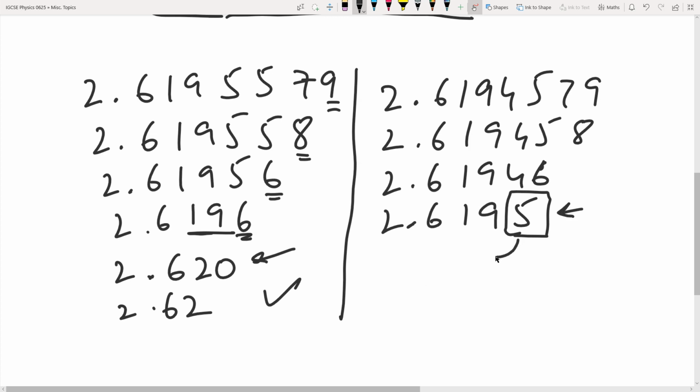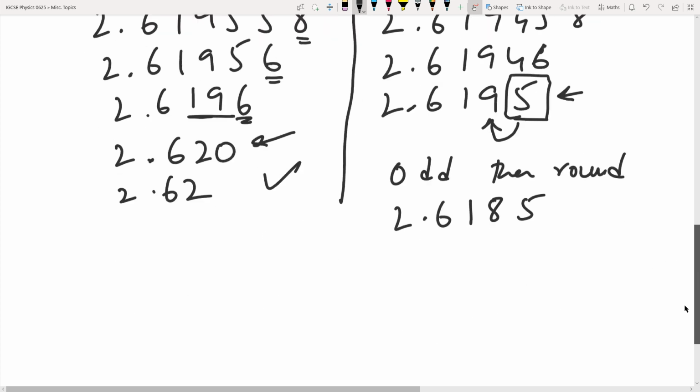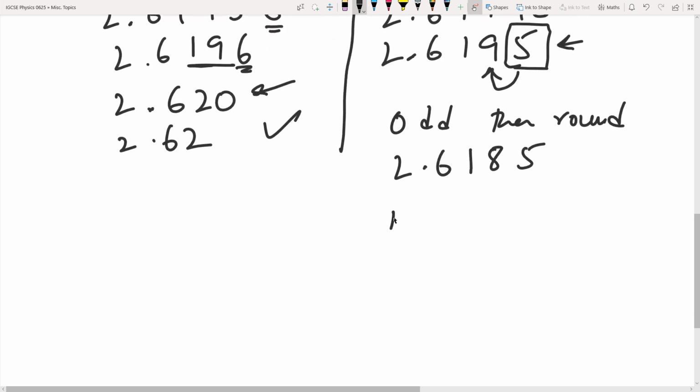If the number prior to this 5 is odd, then round up. If, let's say, it were 2.6185, then if it's even, don't round up. That's the rule.